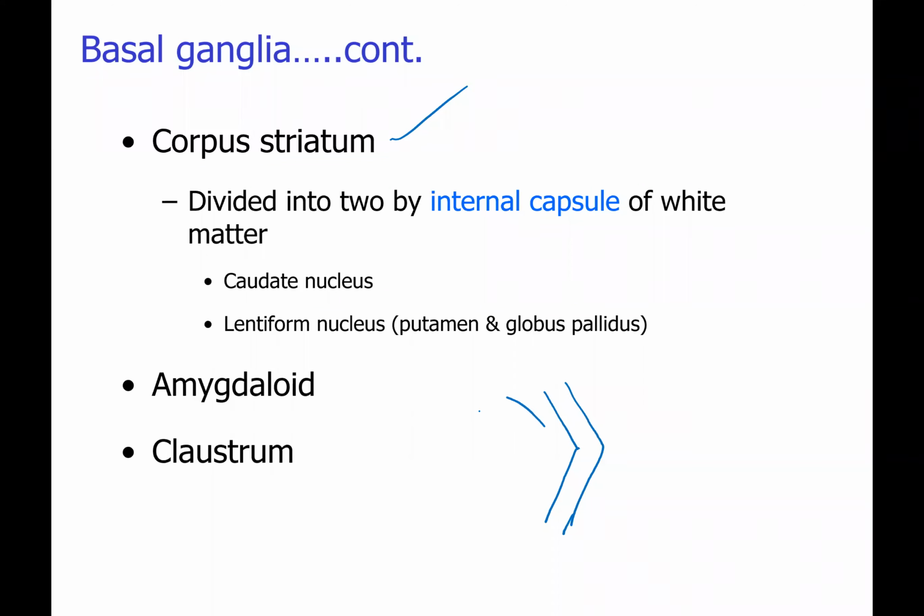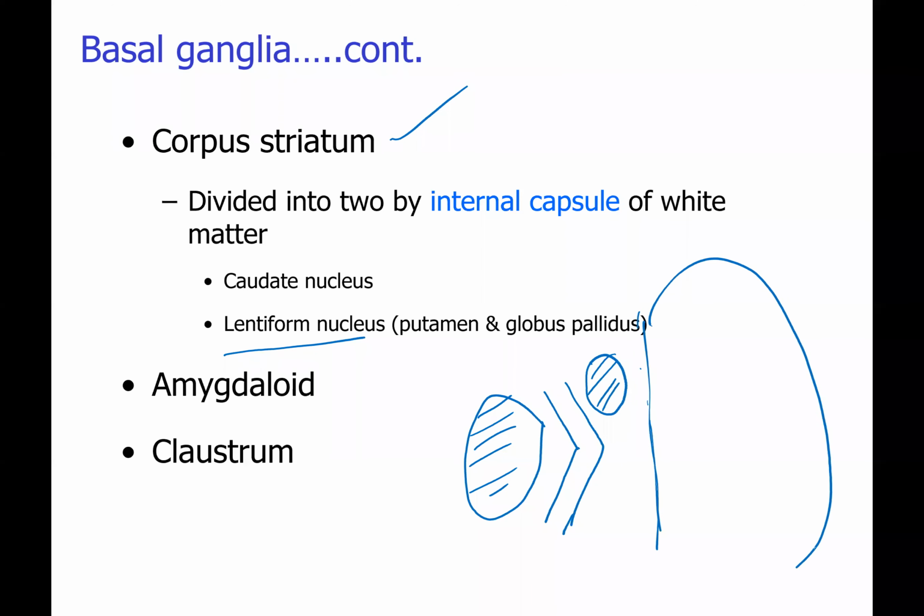On this side, you get this large basal ganglion. Now this is called lentiform nucleus. And this is the midline, and you get the other cerebral hemisphere here. This is the caudate nucleus, part of the caudate nucleus, which is called the head of the caudate nucleus.